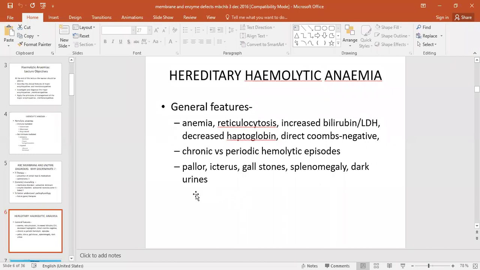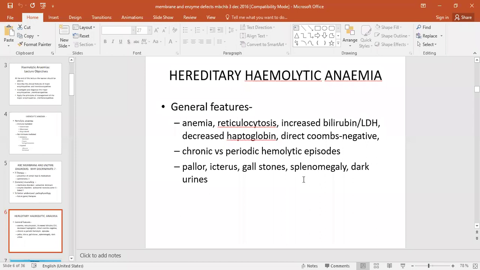And so clinically, with certain findings, you can see pallor generally in these patients. You would see jaundice or icterus, and this is evident on the various mucous membranes. Because of the breakdown of cells, sometimes you see these patients suffering from gallstones. And so when you start forming gallstones, obviously you look at the complications associated with the gallstones.